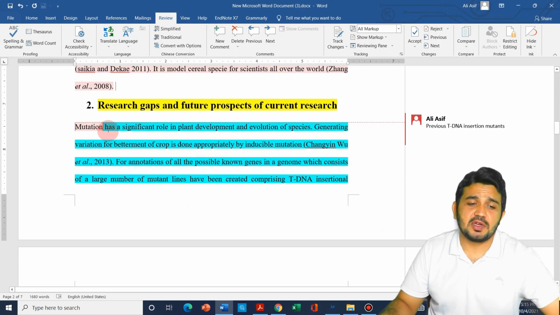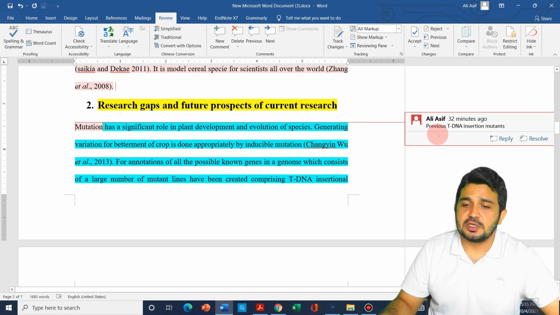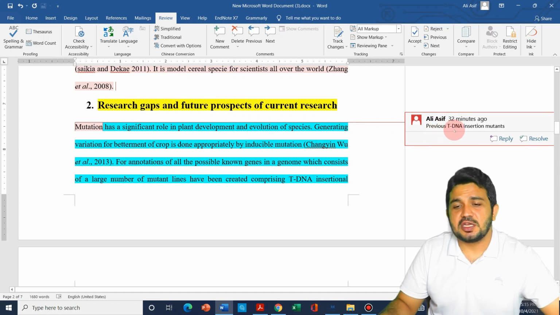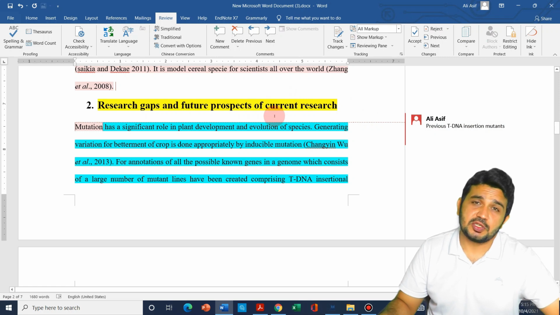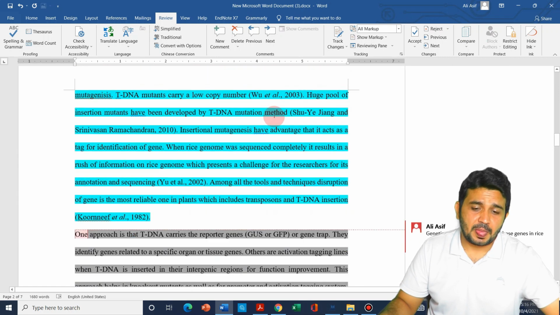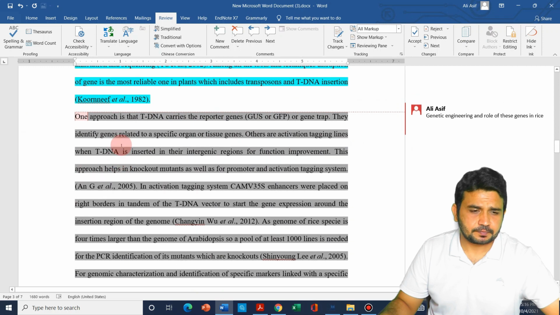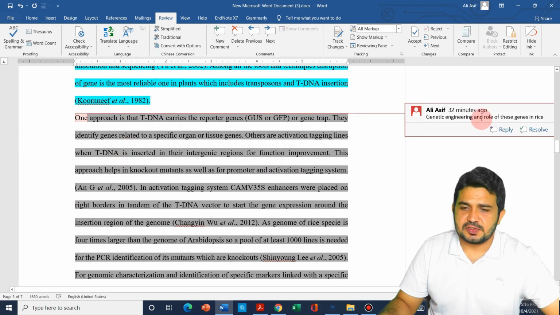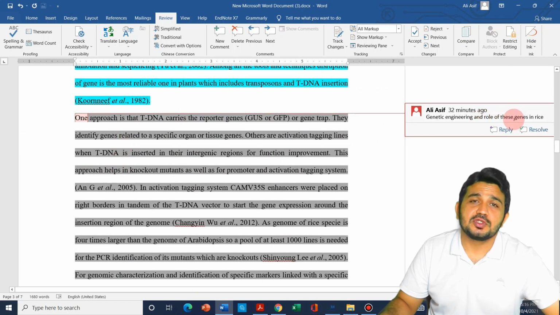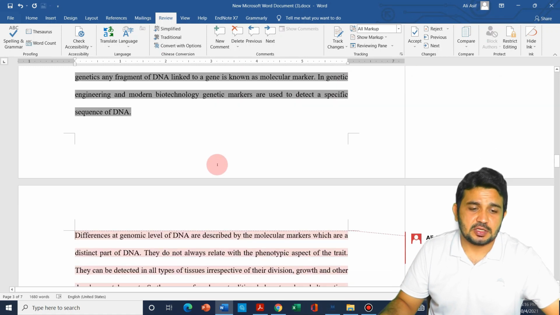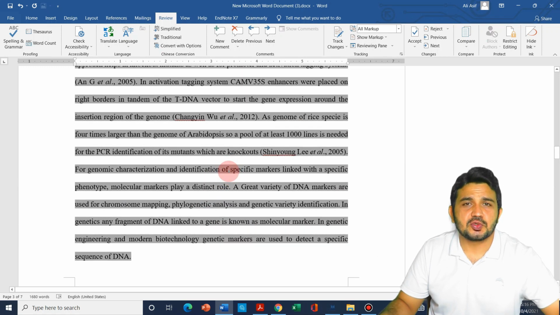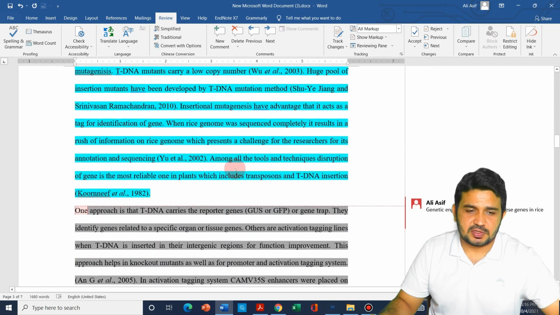So here I have given the importance of mutation in plant development and evolution of species. Here I have given the detail of previous tDNA insertion mutants which have already been reported to this era. And here is the genetic engineering and role of those already published genes in this. So you can make a short story related to the previous discoveries.